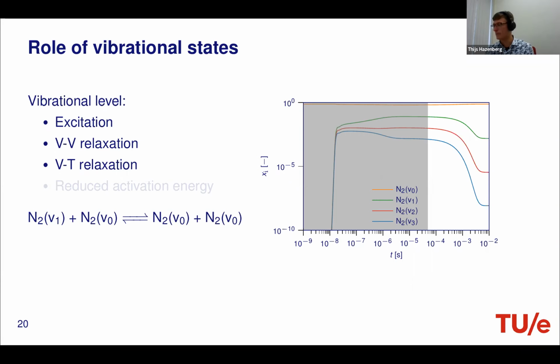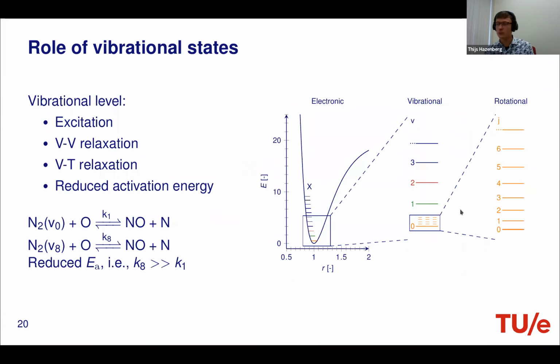And then finally, at a time scale of a little bit more than a couple of milliseconds, we have vibrational-translational relaxation, and you get an equilibrium with the gas temperature. This is why we had to include these species in our chemical model, because we want to capture these effects.